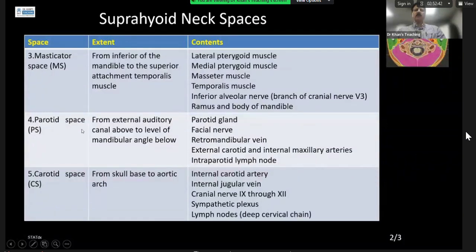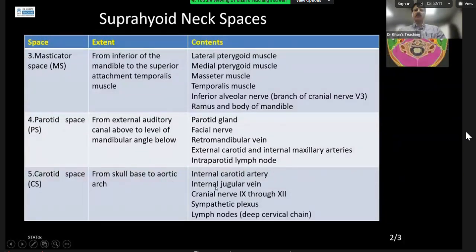Then comes the parotid space, and parotid space will be part of our curriculum today when we are dealing with temporal bone, because just inferior to the temporal bone is the parotid space. So it is from external auditory canal to the level of the mandibular angle. And these are the contents. Carotid space, look at the extension from base of skull to the aortic arch.